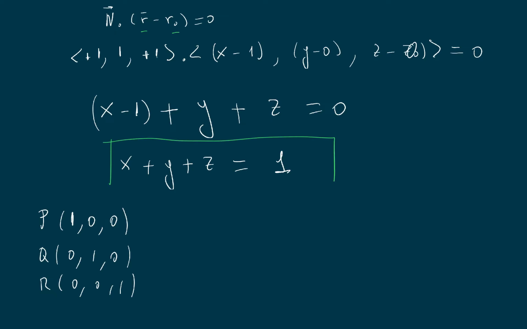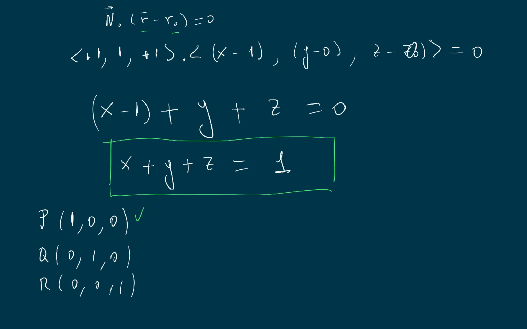Now we need to be sure that we did it correctly. If you put the point P, is the point P on this plane? Easy. Put x as 1, y as 0, z as 0, sum 1 plus 0 plus 0, 1. Oh yes, it's true. Is the point Q, 0, 1, 0, on the plane? Yes, 0 plus 1 plus 0 is 1.